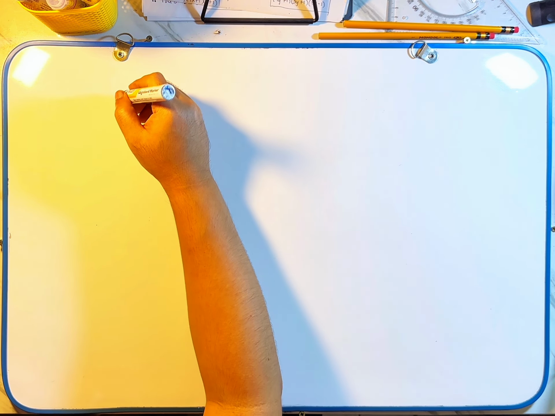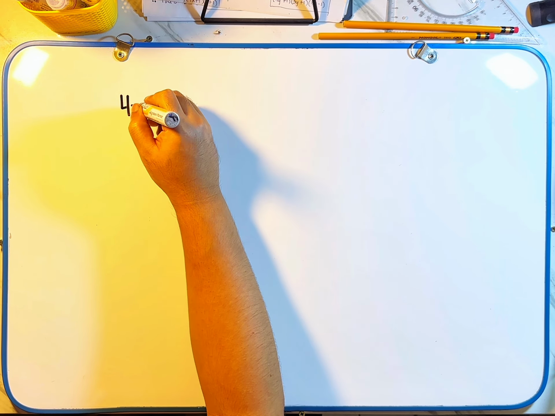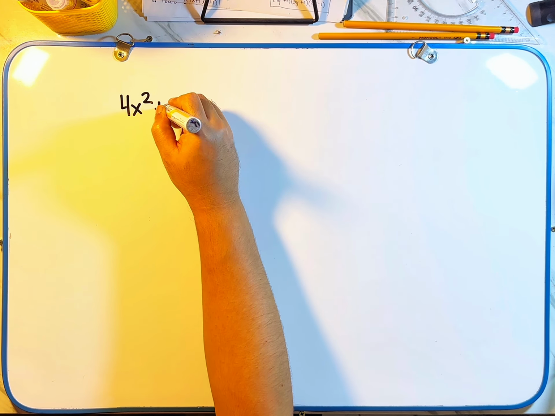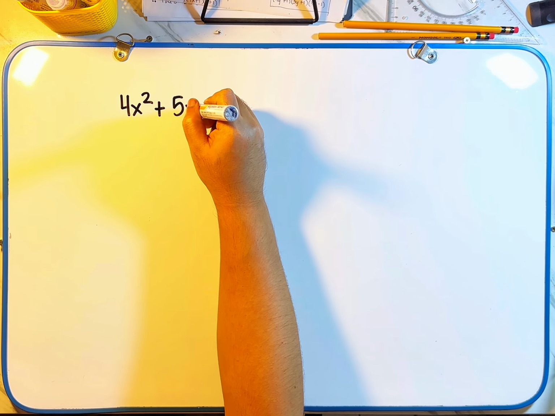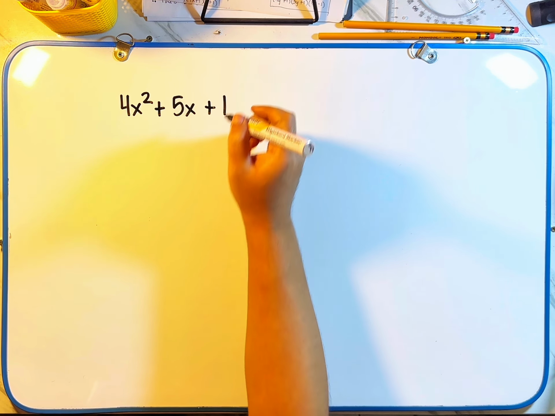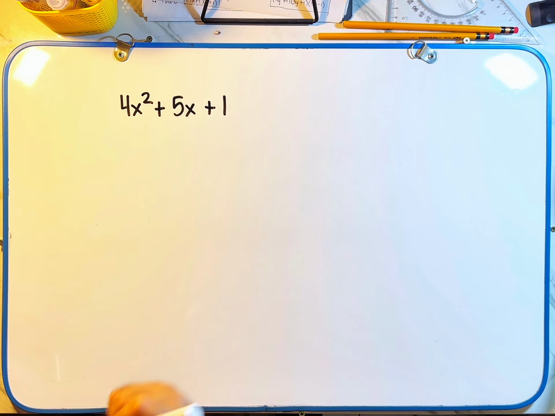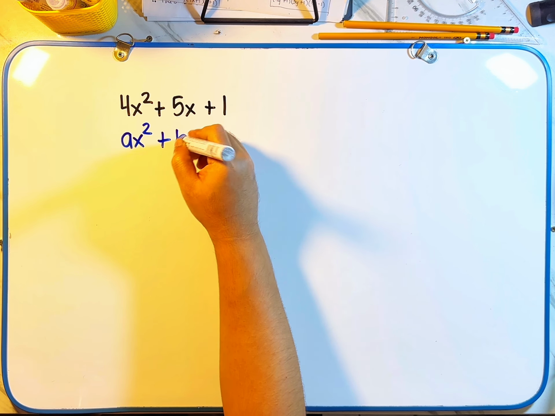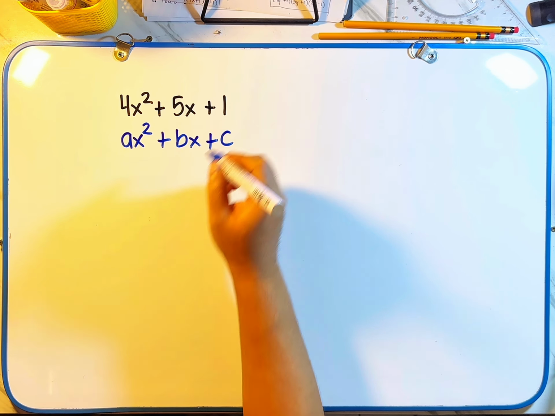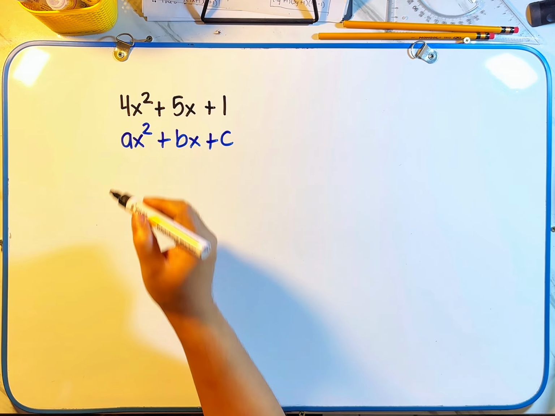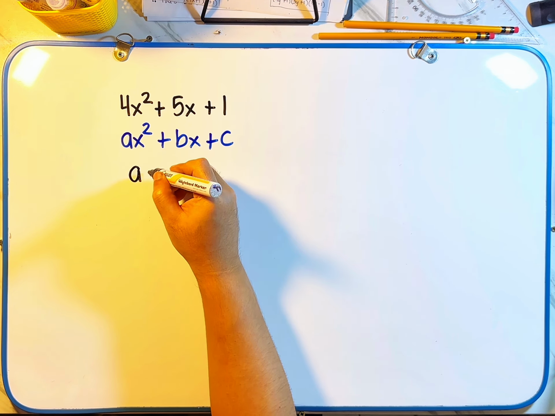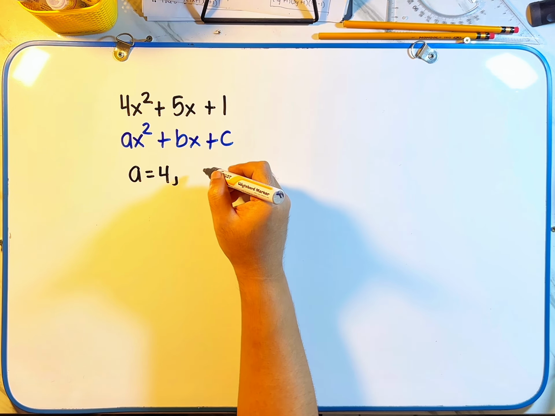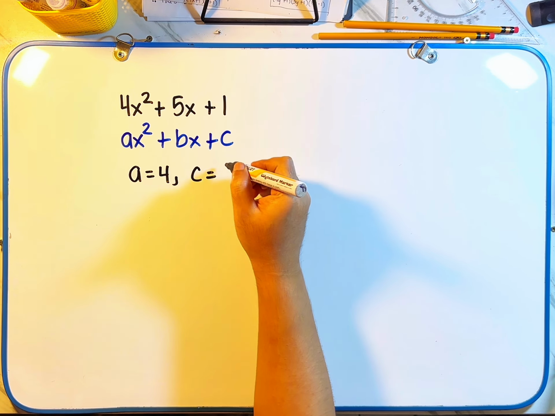Next, let us factor 4x squared plus 5x plus 1. Again, this is in the form of ax squared plus bx plus c. A, the leading coefficient is 4, so a equals 4, while c, the constant term, is 1.